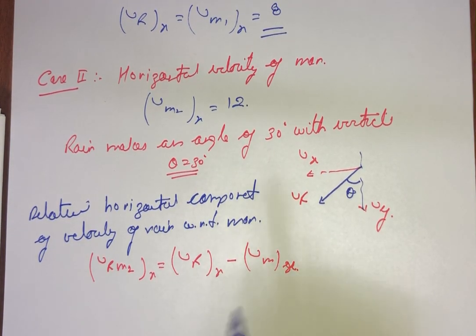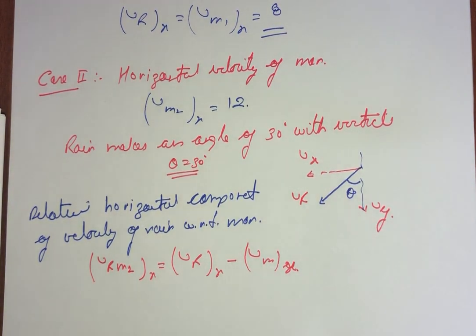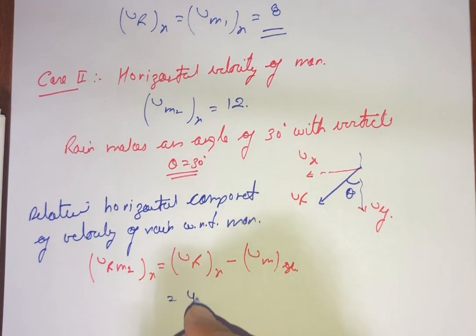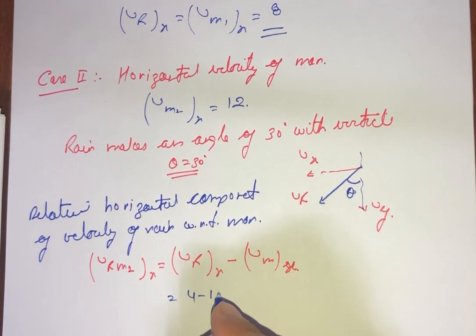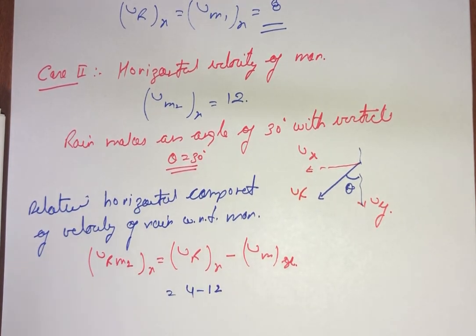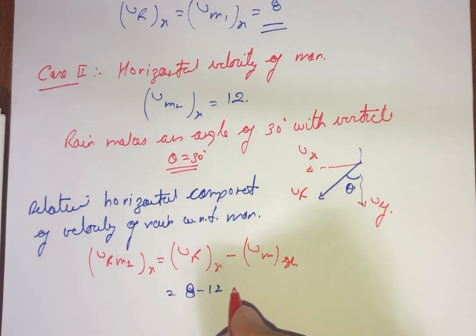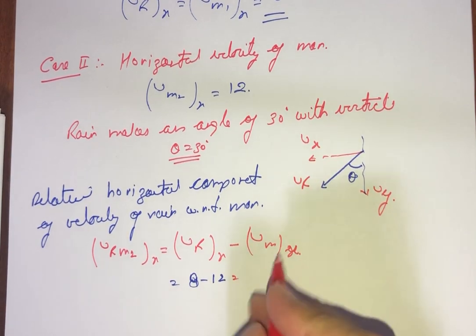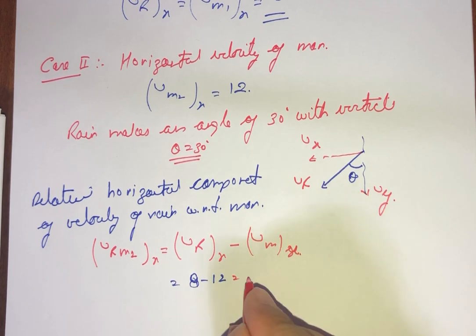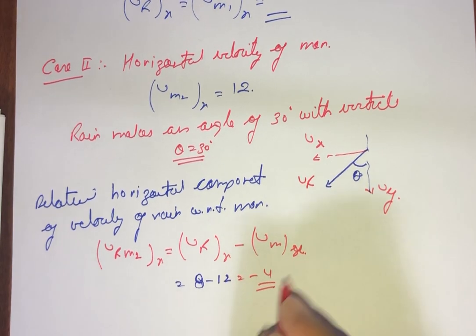We already found out that the rain velocity is 8, so this will be 8 minus 12, which equals minus 4.